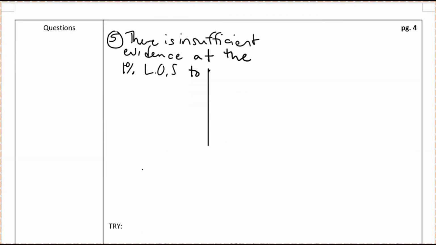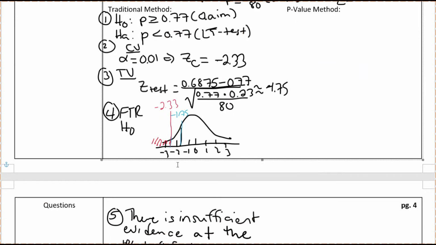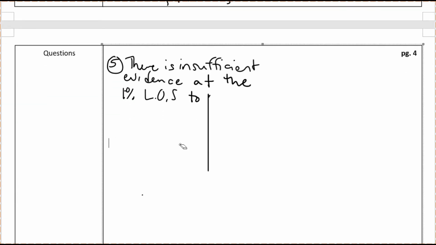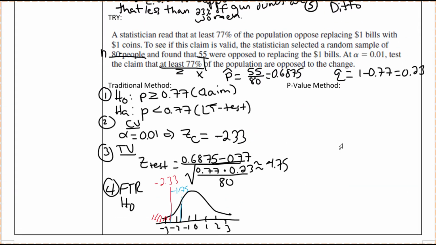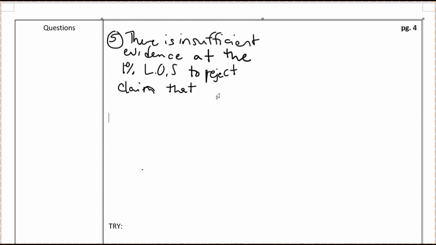To reject the claim that, and our claim was that at least 77% of the population are opposed to the change.